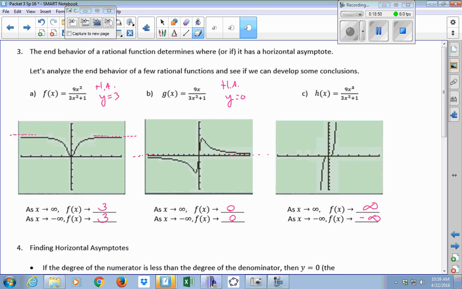If you put 1,000 in for x, 1,000 squared is what? 1,000,000. So what would our numerator be? 9 million. What would our denominator be? 3 million plus 1. How big is that 1?